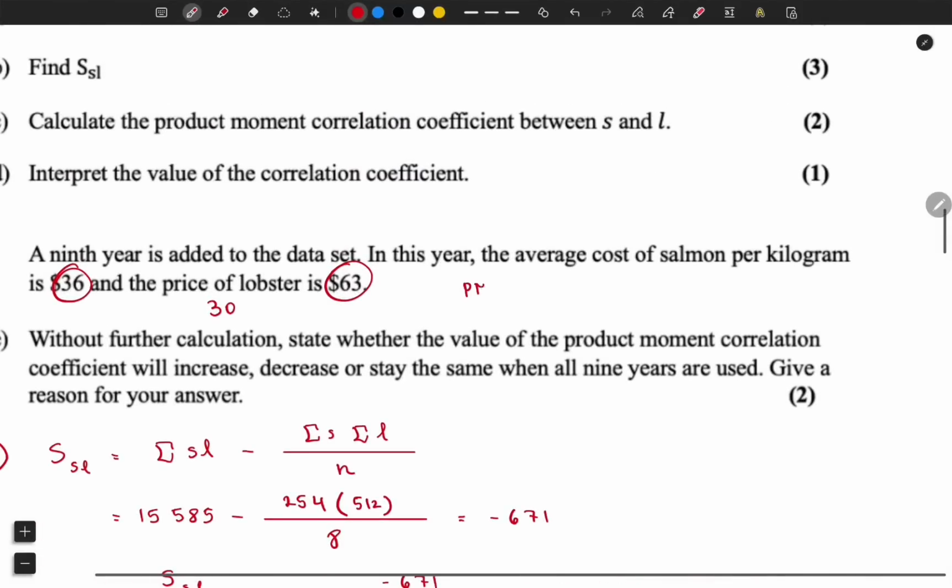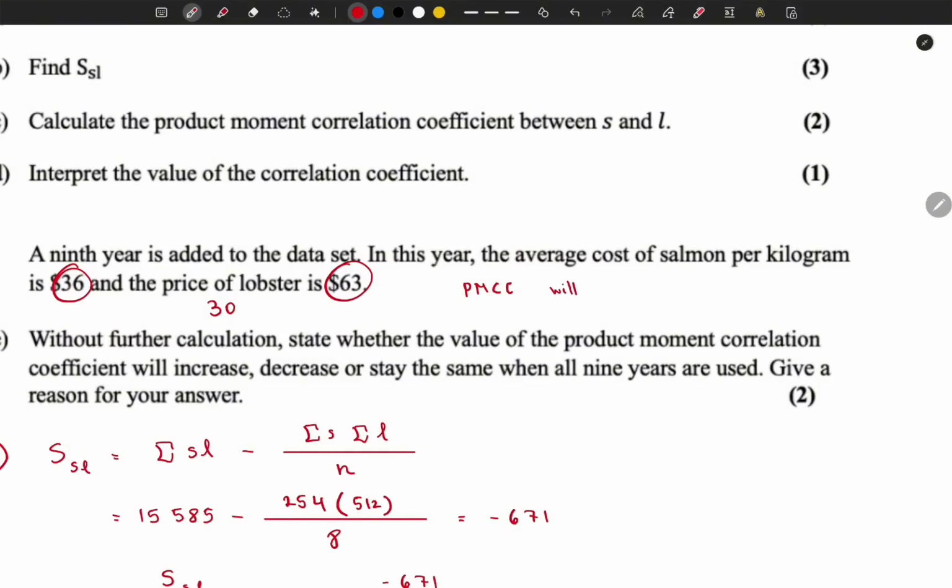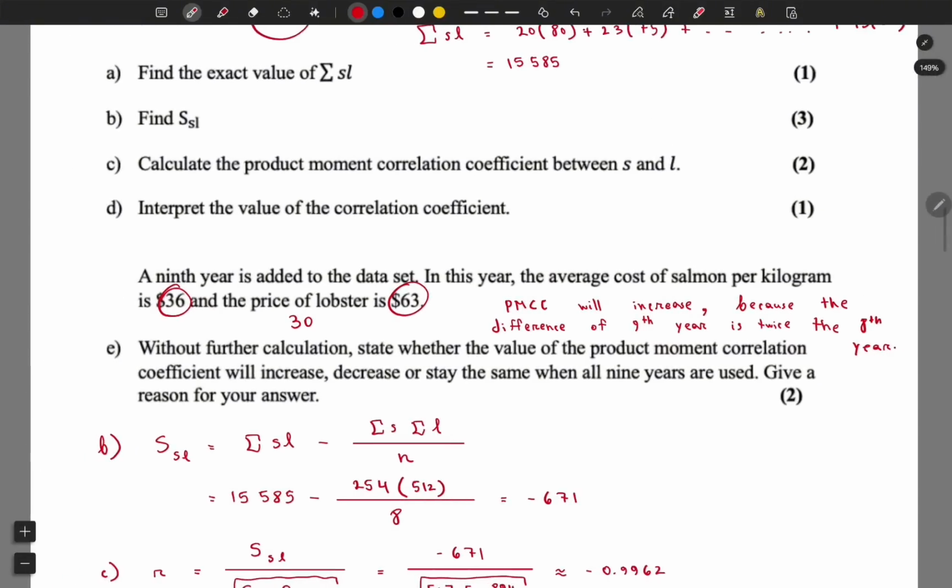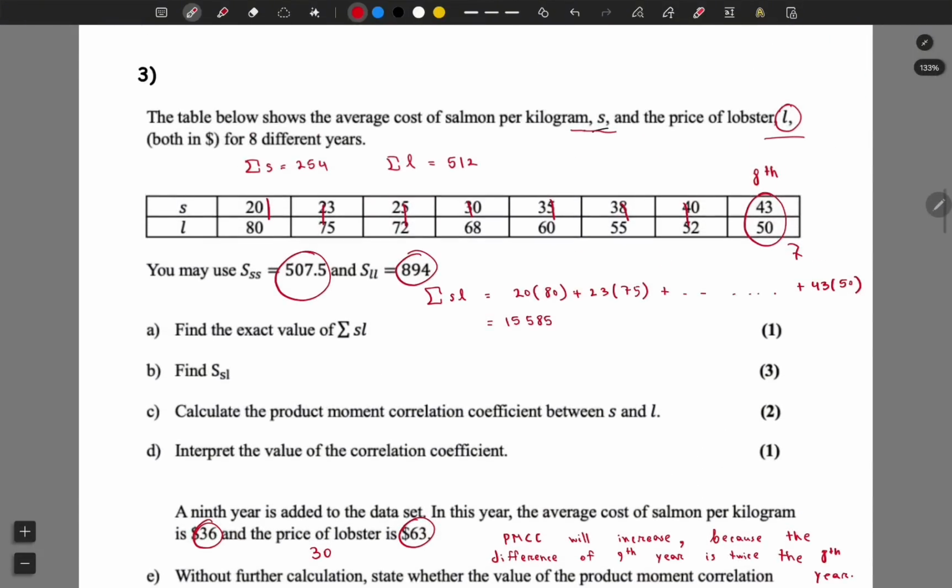So PMCC will increase, because the difference of the 9th year is twice the difference of the 8th year. So that is the answer for this part, and that is it for this question.